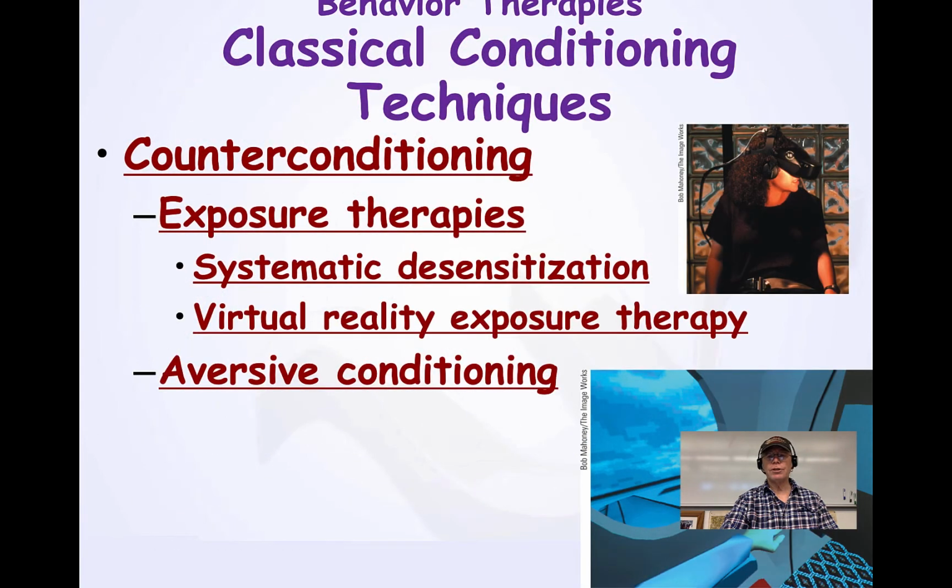Classical conditioning techniques, which would be counter conditioning. In other words, they think you've learned this, therefore you need to relearn a different kind of reaction. So it can be exposure. This is where if you're afraid of something, they do systematic desensitization.